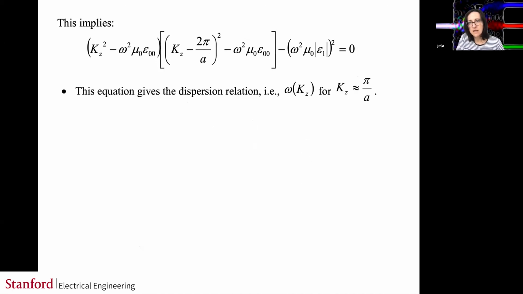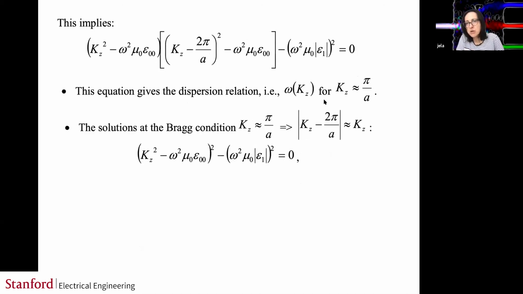So let's do this, right? This is basically the dispersion relation. This is giving you combinations of omega and k for which you have Bloch modes. And keep in mind that this is all around pi over a, because we assume that we're looking at it around pi over a. You can assume that you're looking at it around different points, but we're looking at it around pi over a at the moment.